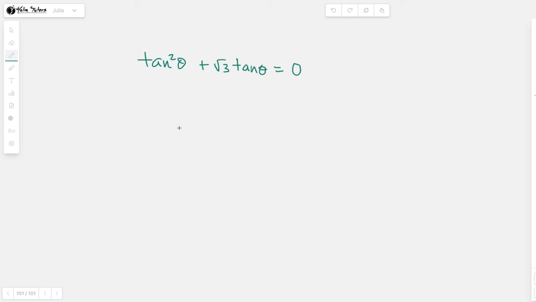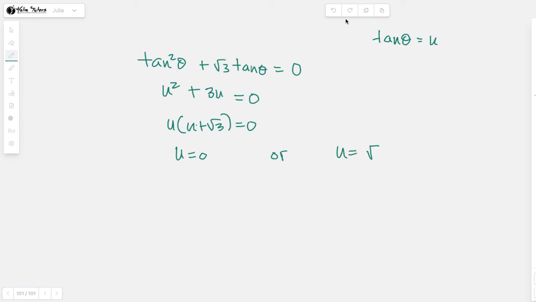And now you want to factor because, if you let tangent theta equal u, what you've got is u squared plus root 3 u is equal to 0. Obviously, we can factor out a u: u times (u plus root 3) is equal to 0. So that means u is equal to 0 or u is equal to negative root 3.